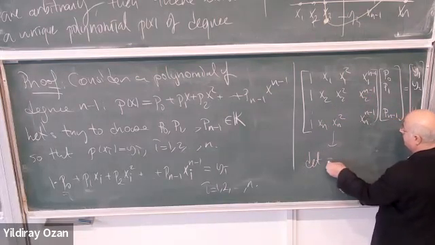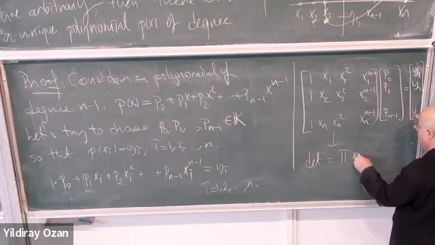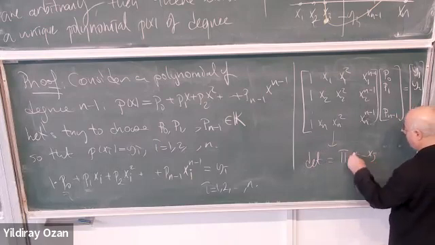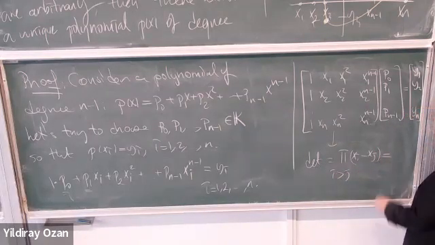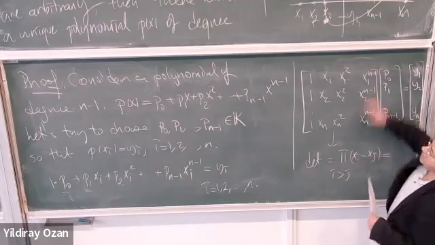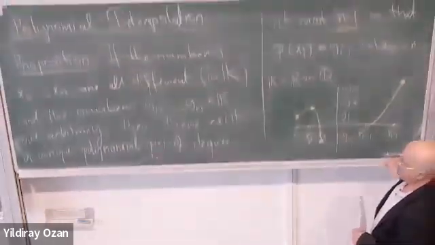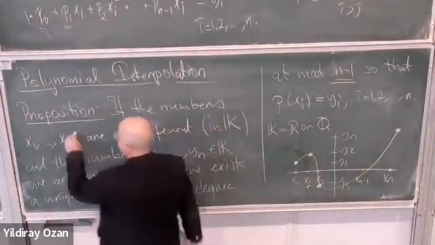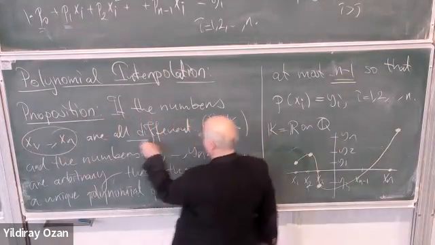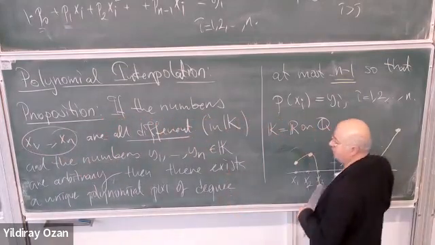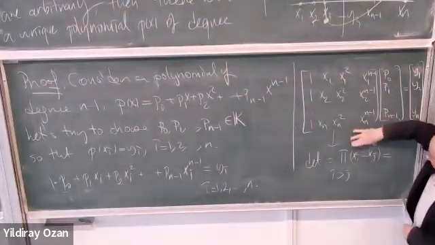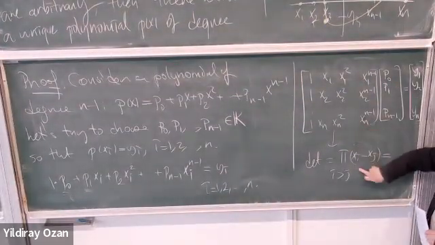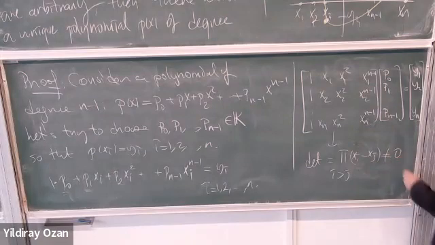The determinant of this matrix is again the product of xi minus xj for i greater than j, and by assumption all these xi's are different. They are distinct elements, so none of these terms is zero. Therefore, this product is not zero.